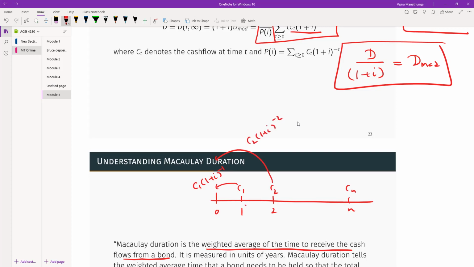Now I'm weighting according to the time, so I'm multiplying this one by 1, and this one by 2. Then this would be n times Cn times (1 plus r) to the negative n. So these are the discounted values, but these are the weights. That's why it's the weighted average of the time to receive the cash flow from a bond. Then you divide by the price.